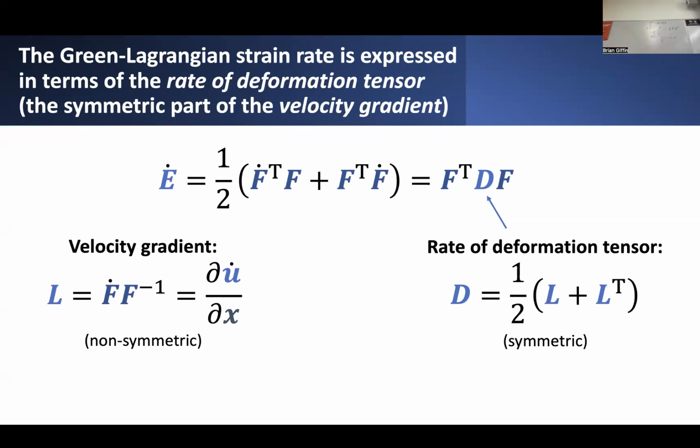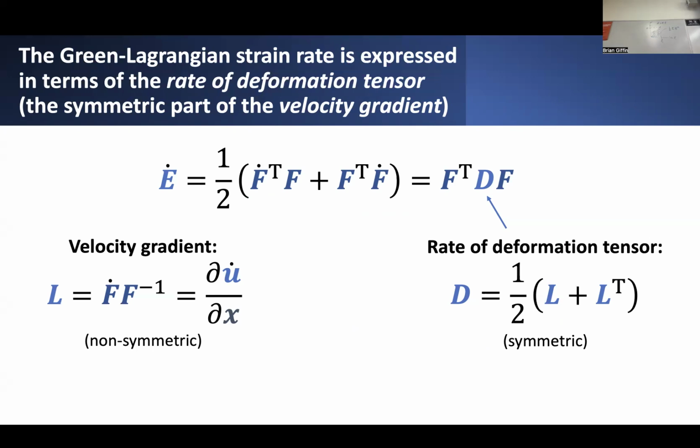It's kind of nasty. It still involves dependence on the deformation gradient and the time rates of the deformation gradient. Now, through a slight manipulation and introducing yet another term that I'll throw at you, which is sometimes called the velocity gradient, we can manipulate this expression into a form that looks slightly easier to swallow.